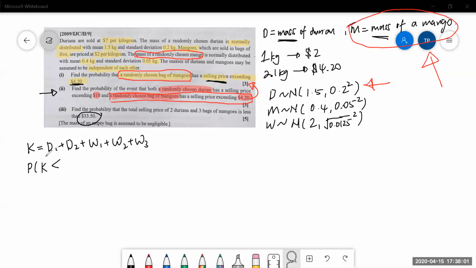You have to add together to find the kg, and then after that divide. Really?